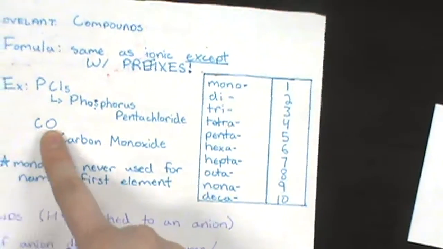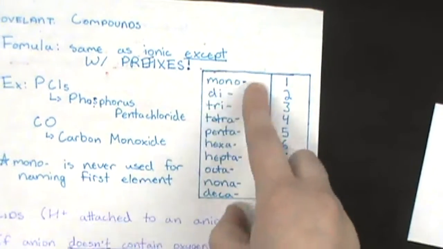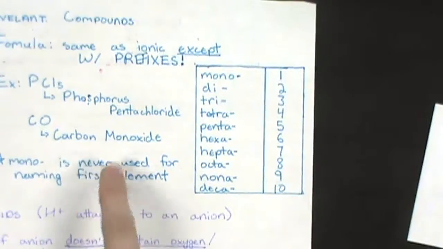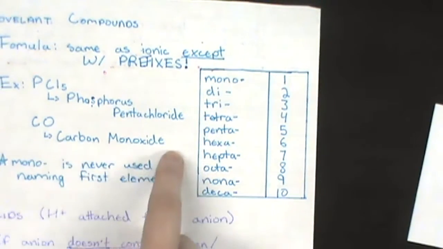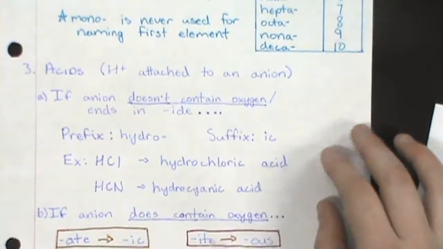CO is carbon monoxide, because there's one O. Now, the important thing to recognize is mono is never used for naming the first element. So it wouldn't be monocarbon monoxide, just carbon monoxide, because monocarbon sounds silly.